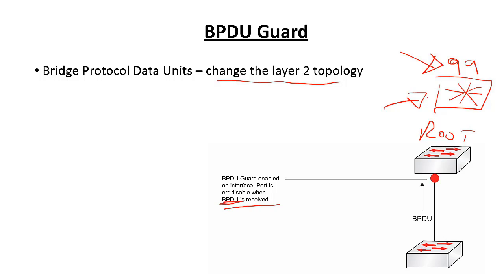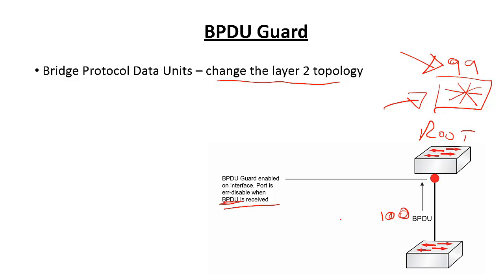This is the number that determines the root of all your spanning tree traffic. Well, what happens is, if this device connects to the network, say you've found it on a shelf at work, and for some crazy reason all you've done is plug it in, and this has happened, by the way, I've seen it happen. Well, this device could actually be configured with the number 100 in terms of spanning tree.